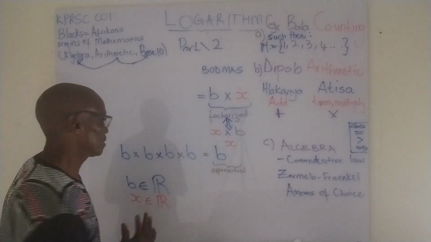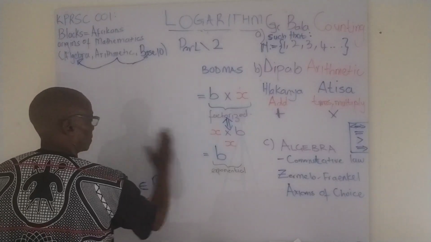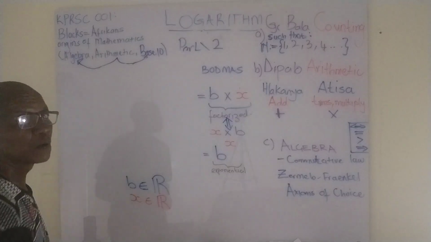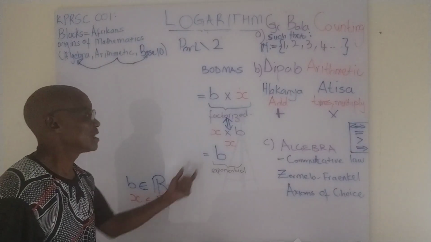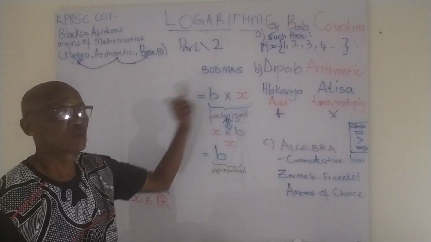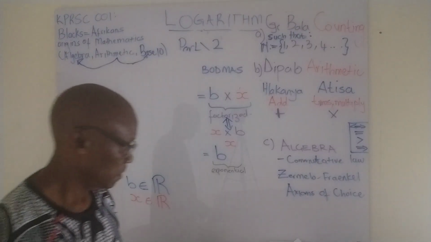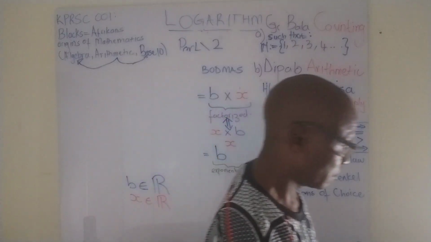Because I don't know what X is, I can't write this expression. So what am I supposed to relate this with and this with? Now pick a guess. Take a very intelligent guess.